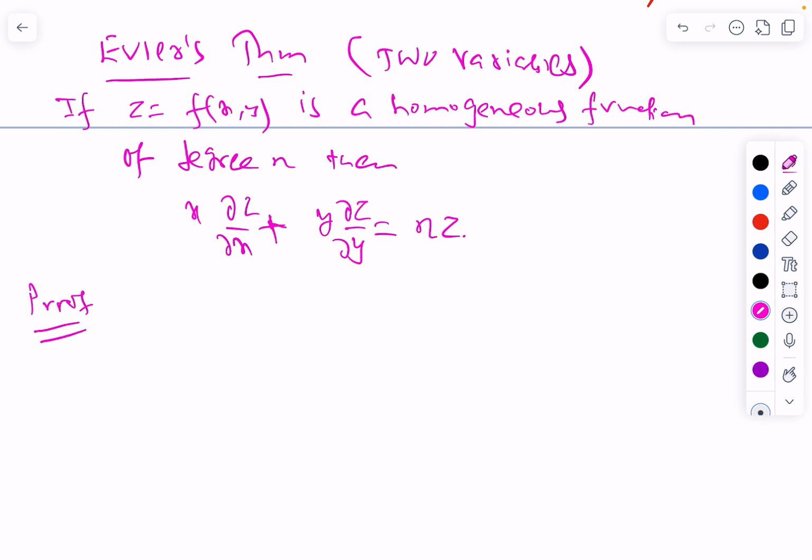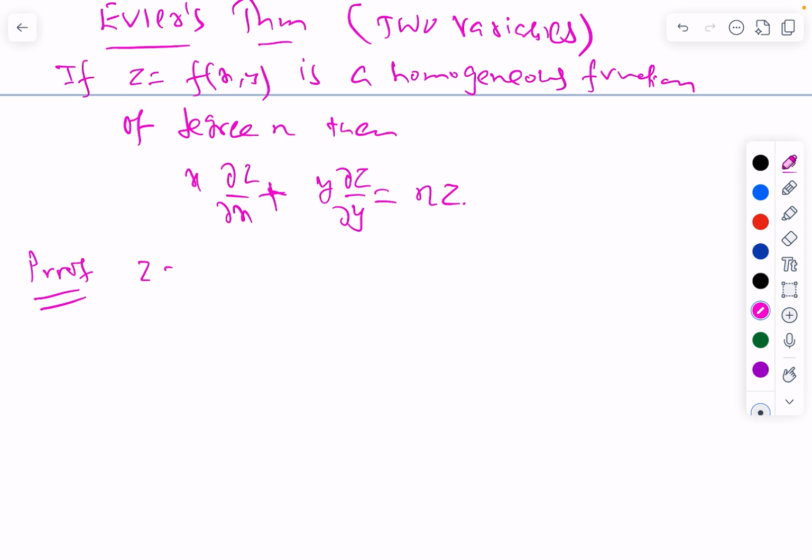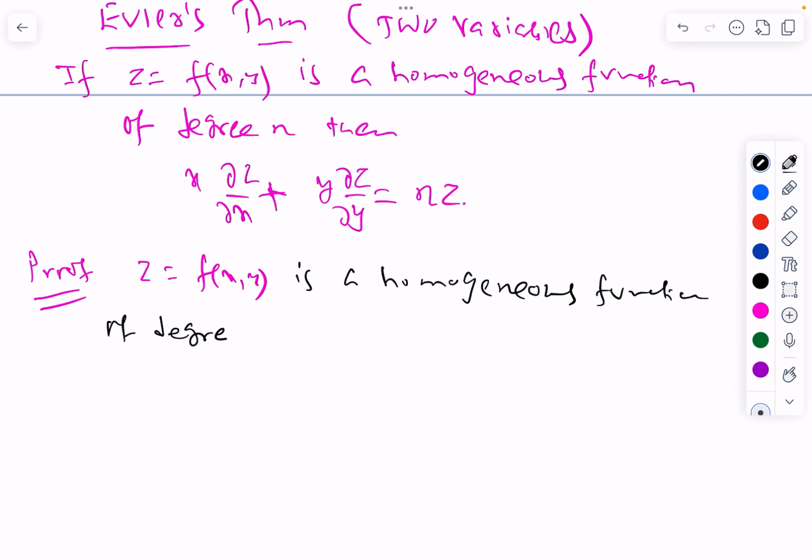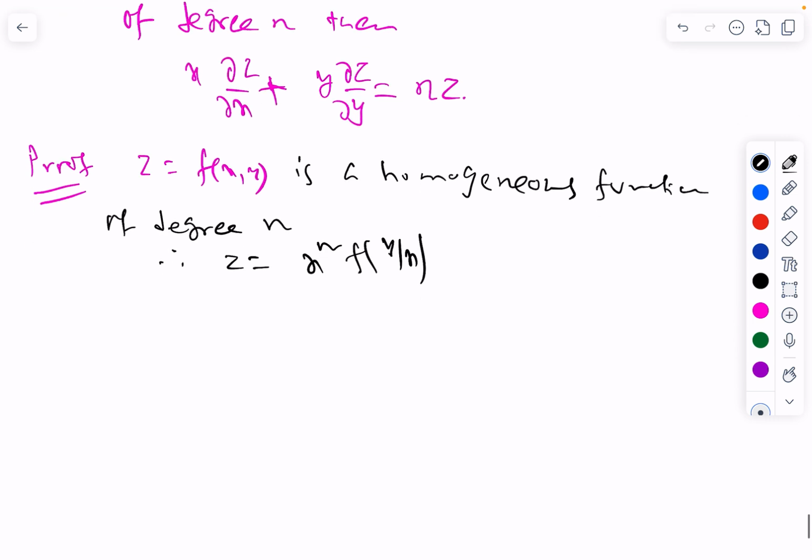It is a simple proof. Now you are given z equal to f of x y is a homogeneous function of degree n. So we can express z, by definition, as x power n f of y by x.